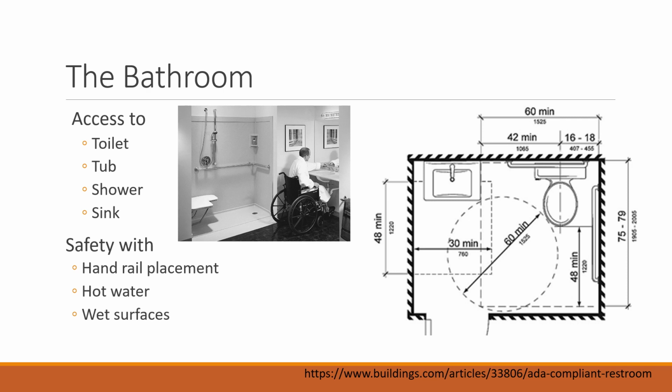The toilet seat height should also be between 17 to 19 inches high as well. A clear turning radius of 60 inches or 5 feet is recommended as well. And also having grab bars in the shower and around the toilet is recommended to make transfers easier, but also to decrease the risk of falls.